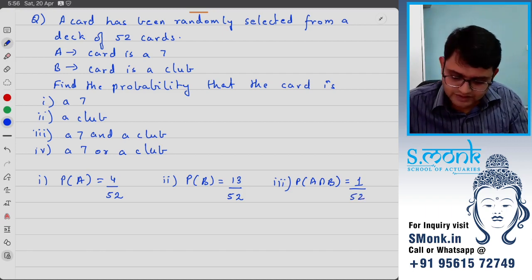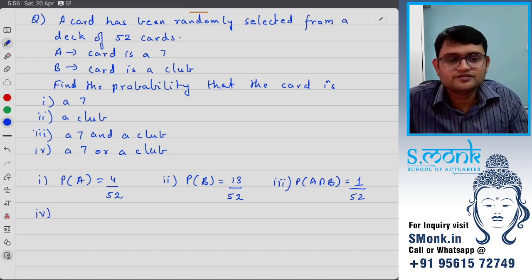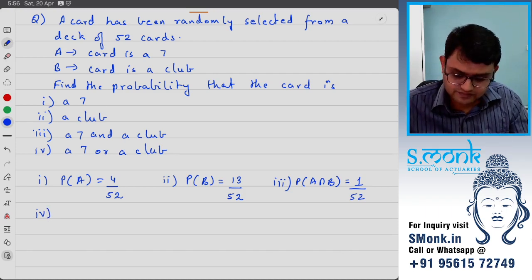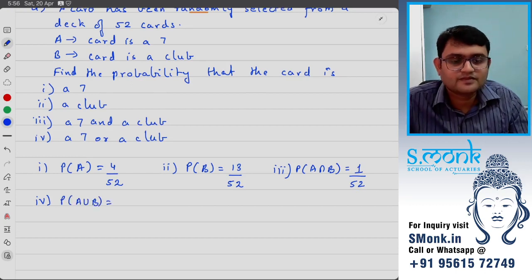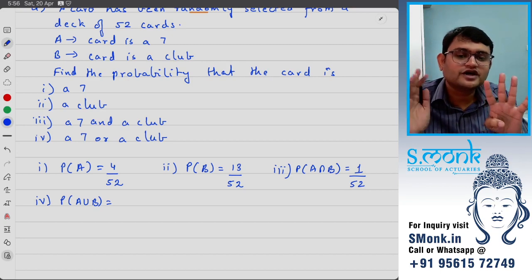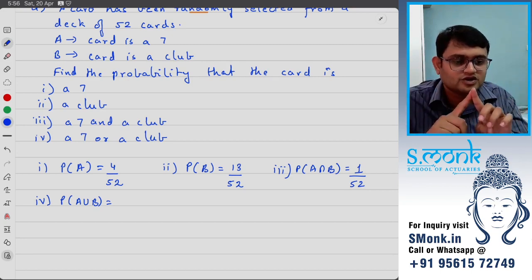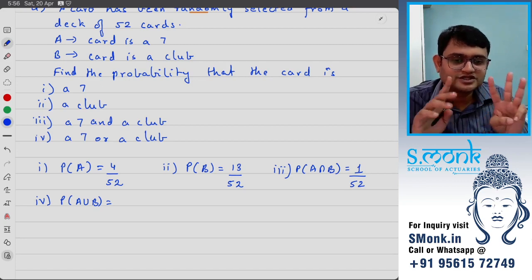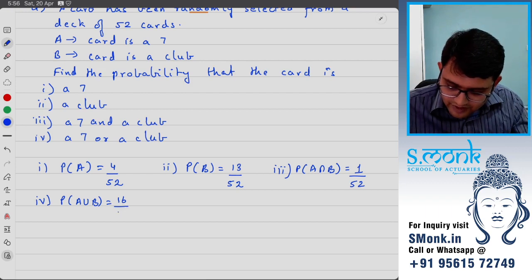And how many cards are 7 or a club? 16. We have 4 7s and 13 clubs, but one of them is the 7 of clubs, so that is common. So 3 and 13 gives 16, and I have 16 by 52.